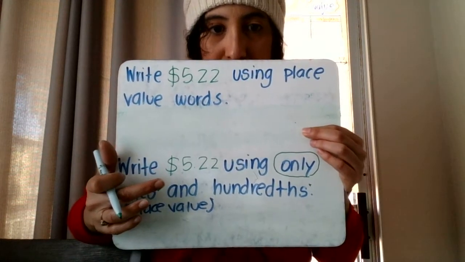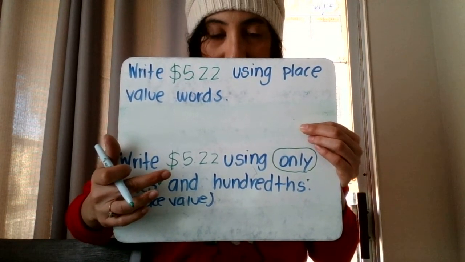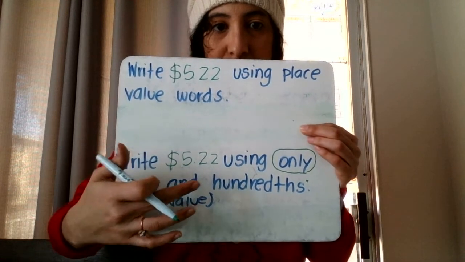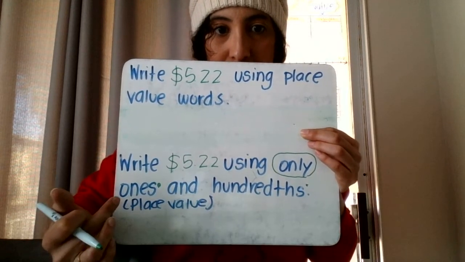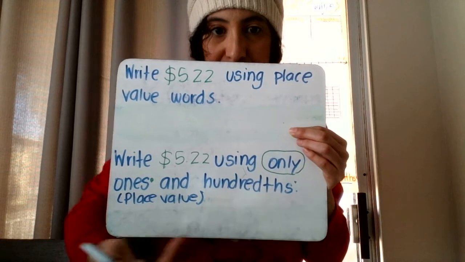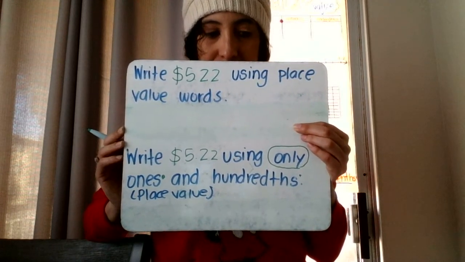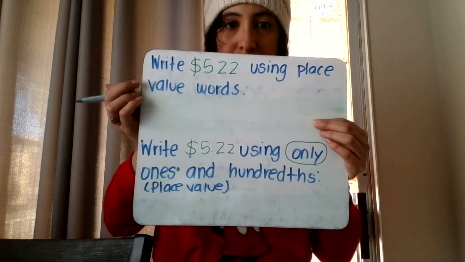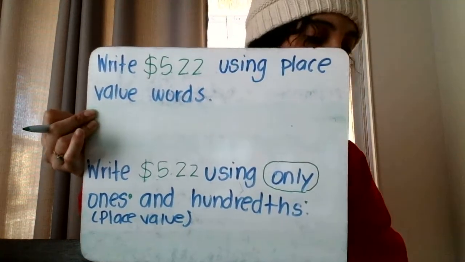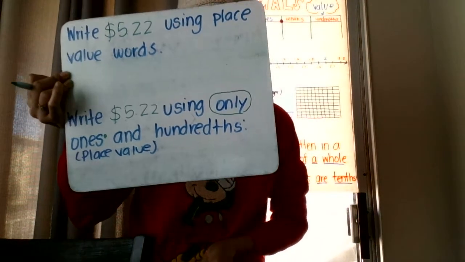And then I want you to write $5.22 using only ones and hundredths place value words. So while you do this, I'm going to erase the next one so that we're ready to go.